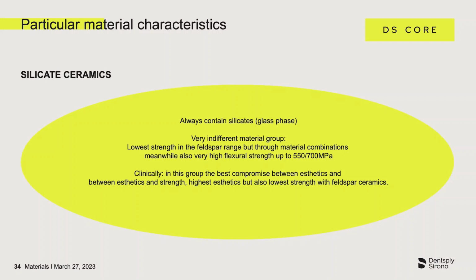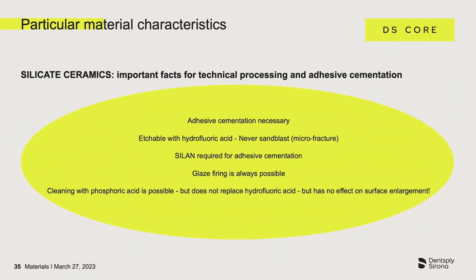Clinically, this group is the best compromise between aesthetics and hardness. This group offers the materials with the best aesthetics, but also with the lowest strength in the case of feldspar ceramics. Glass ceramics must be bonded adhesively.